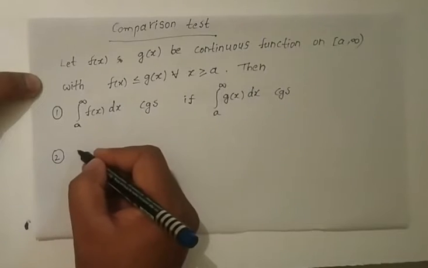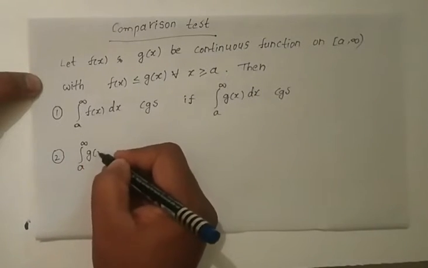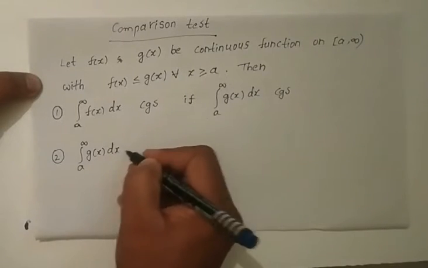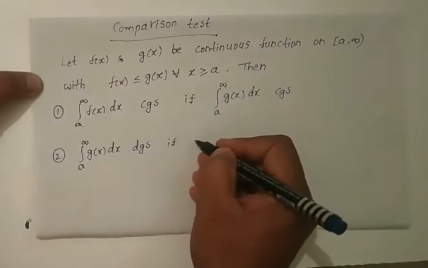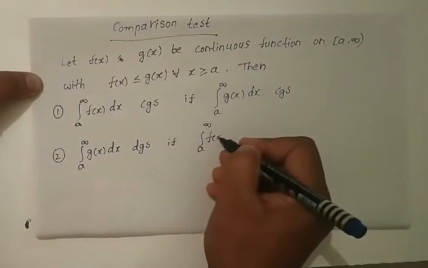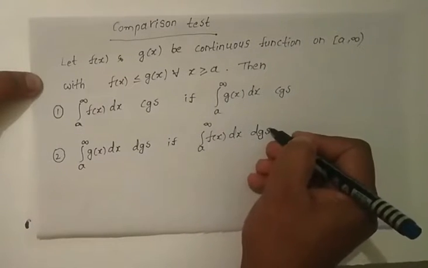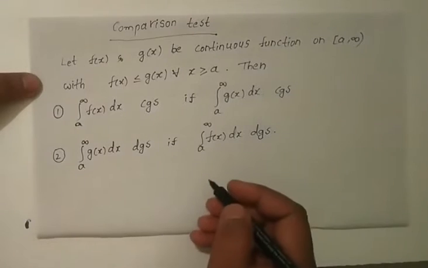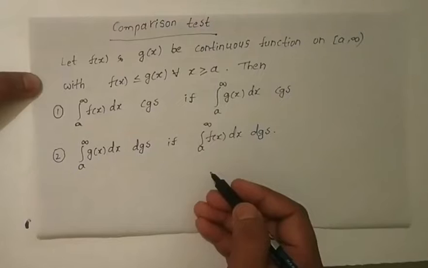Second one: the integral a to infinity g of x dx diverges if the integral a to infinity f of x dx diverges. Write down.